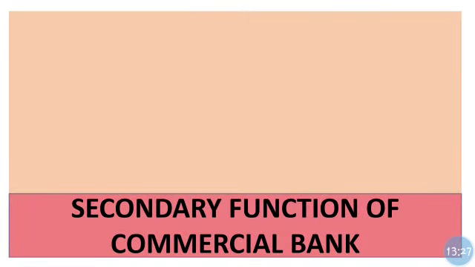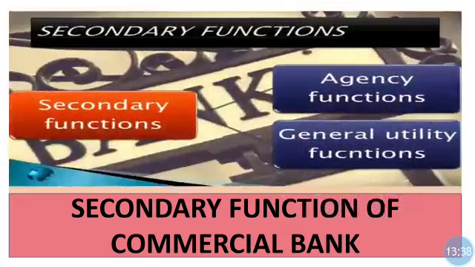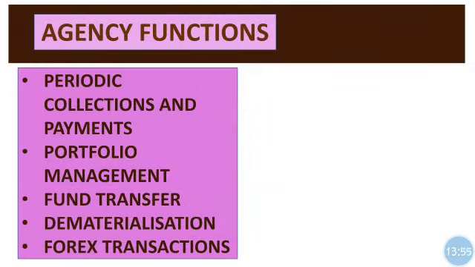In addition to the primary function, the bank performs a number of other functions which are called secondary functions of a commercial bank. They are agency functions and general utility functions. Agency functions.